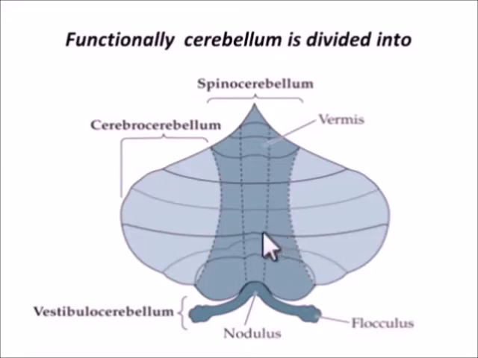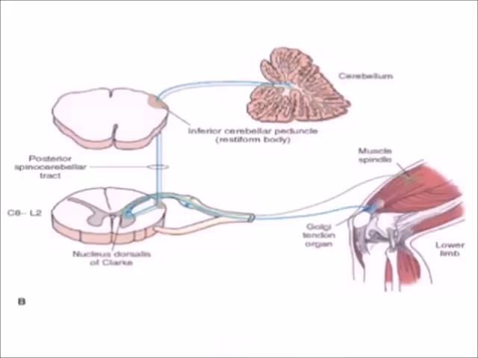It is here in the spinocerebellum that the spinocerebellar tracts are connected. As we have noticed, it is the anterior and posterior spinocerebellar tract from the lower trunk and lower limbs that goes to the spinocerebellum from the lower limbs.